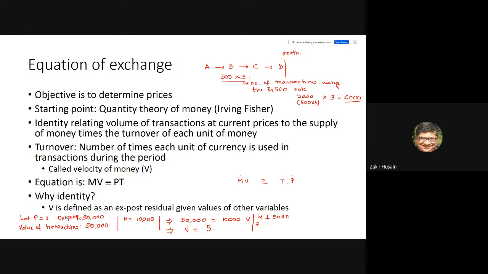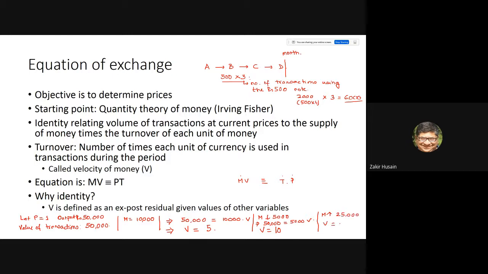So what happens? 50,000 commodity, 5,000 into V. What is V now? Money must change hands faster. V must go up to 10. If I increase the money, instead of 5,000 I make it 25,000.